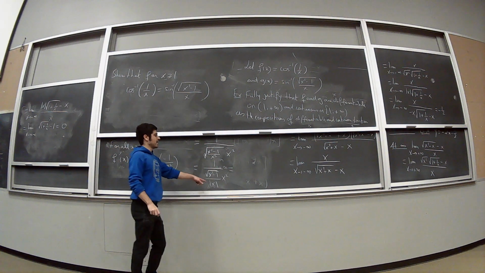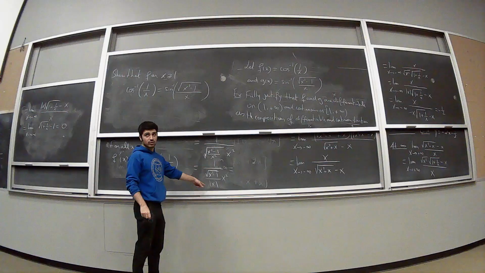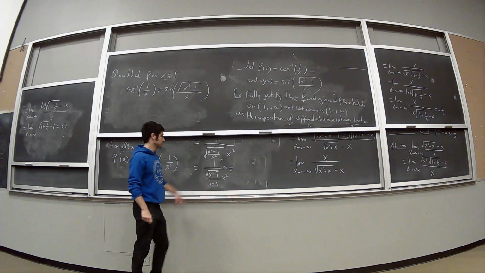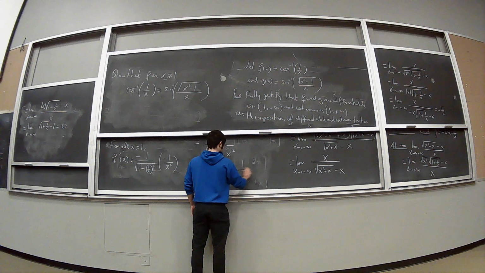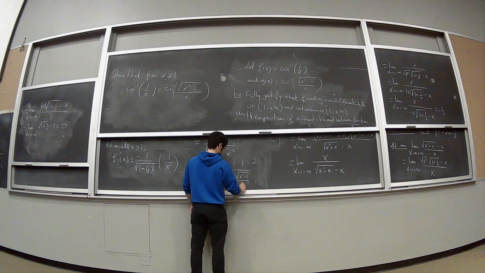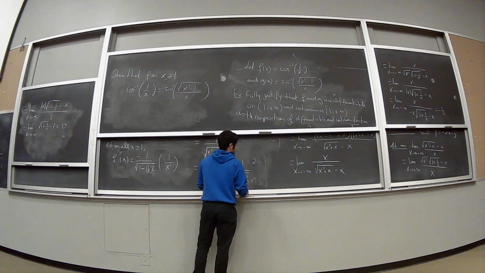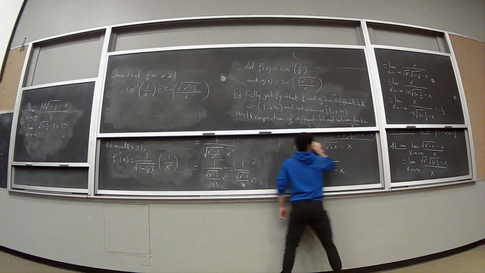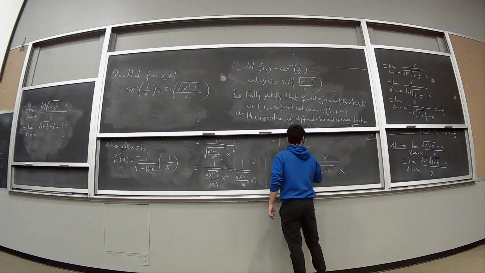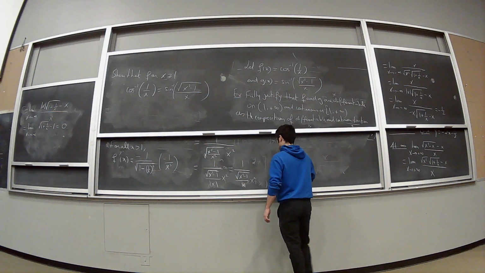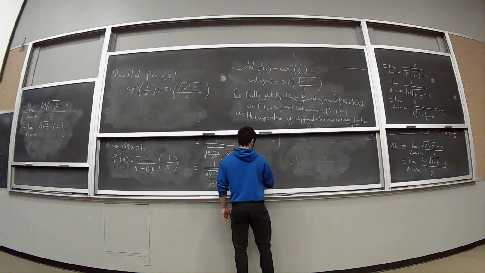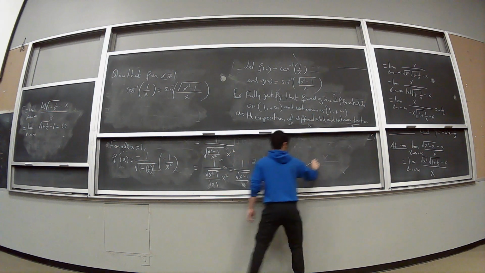Now notice that x is positive. x is bigger than 1 here. So the absolute value of x is equal to x, over x times x squared. Let's write this one here.